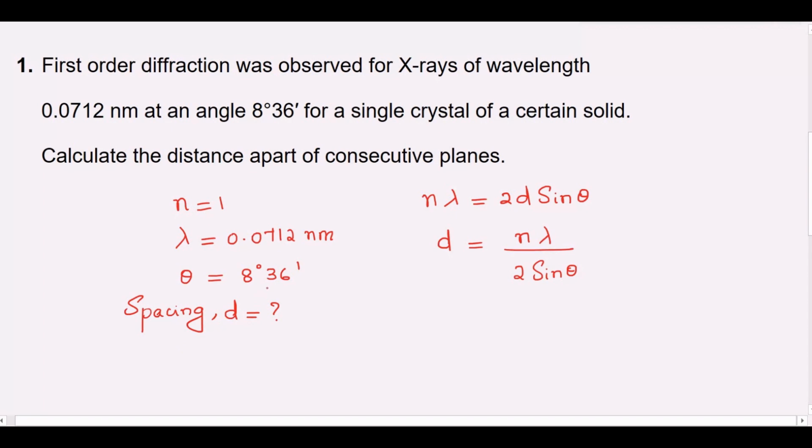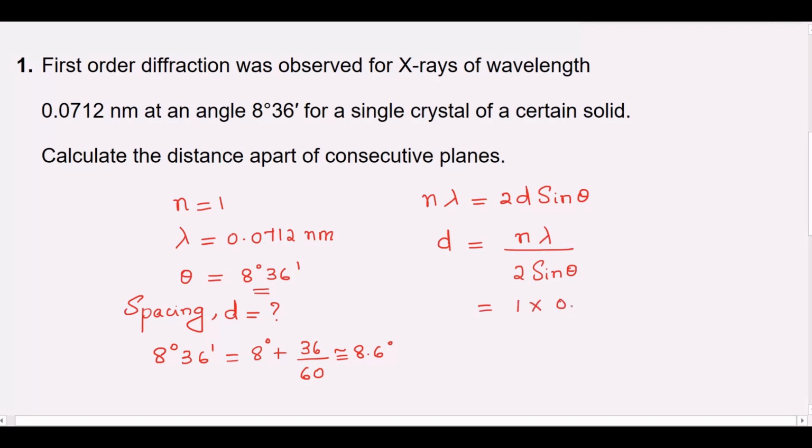Here we have theta equals 8 degree 36 minutes, which has to be converted into degrees. That will be equal to 8 degree plus 36 by 60, so you have to divide the minutes part by 60. That will be approximately equal to 8.6 degree. Now we have to find out sine theta, so sine 8.6 degree.